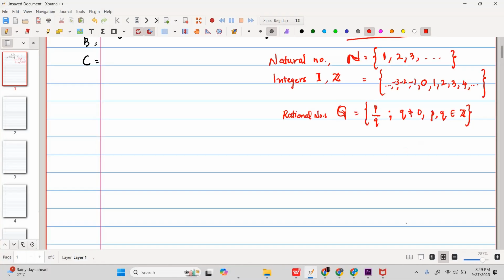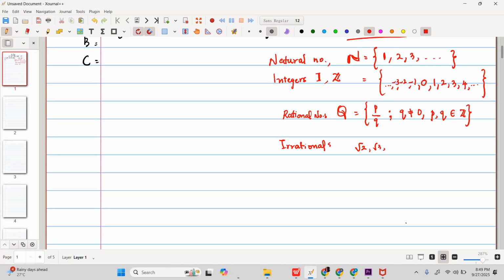Now we have the irrational numbers. Irrational numbers are the collection of irrationals like root 2, root 3. We cannot express these numbers in a P by Q form, so they are called irrational numbers. A number which cannot be expressed in a P by Q form is known as an irrational number.